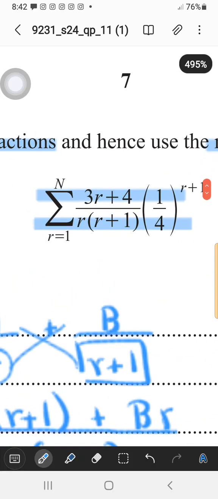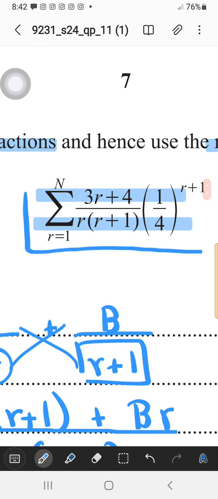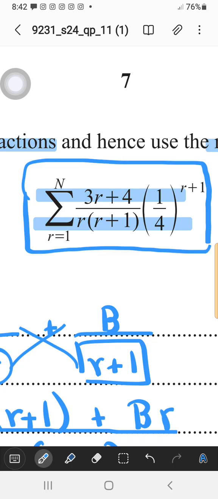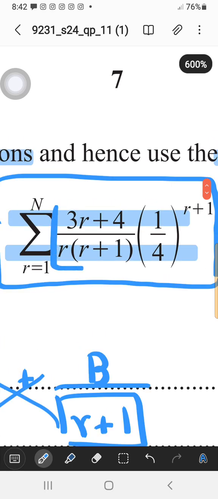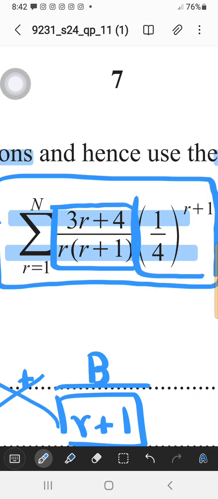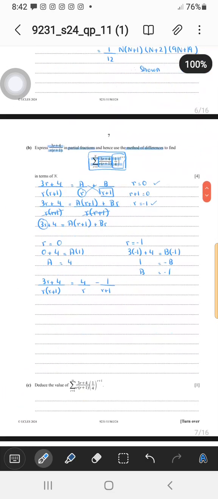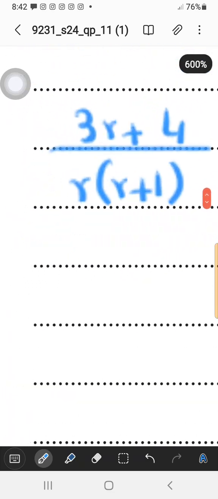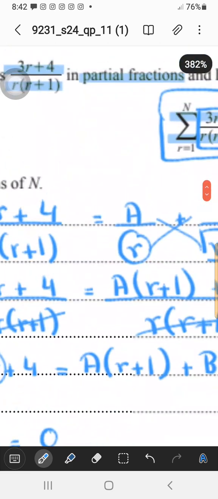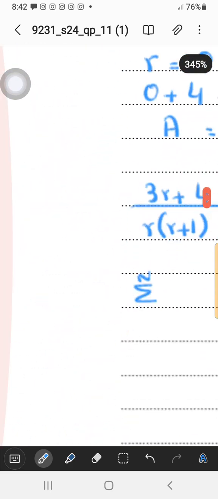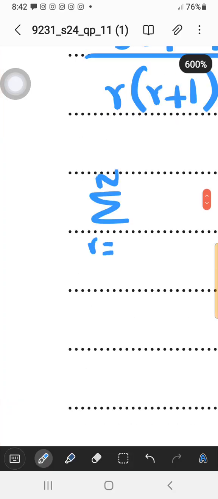Now we have to use that answer and do this using the method of differences. The point to be noted is that we had got the partial fraction for this, and that partial fraction is getting multiplied by this. So we will do the sum, capital N is used, yes, capital N is used, and r equal to 1.